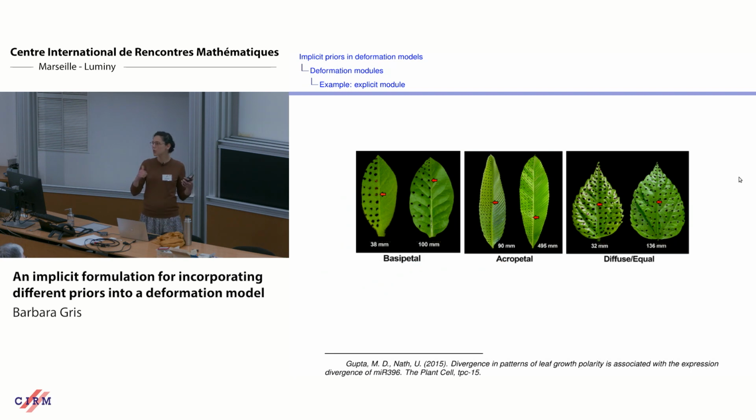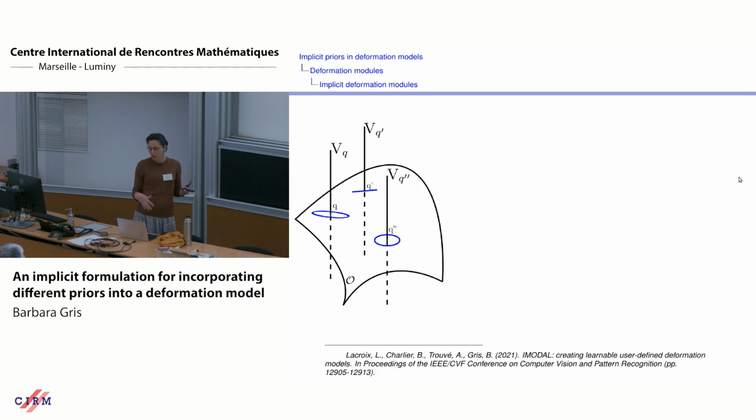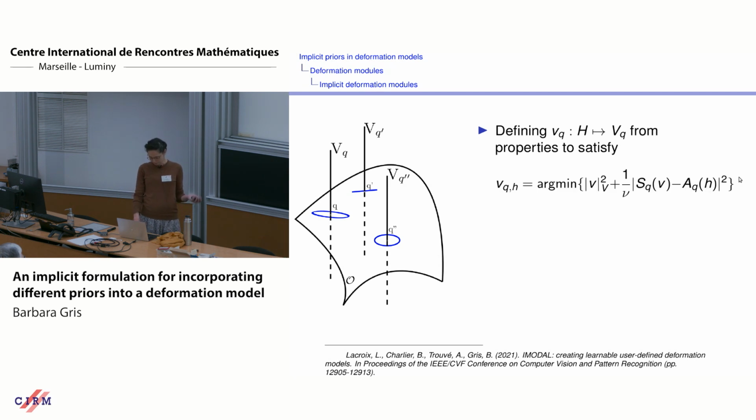However, it's not so easy to build an explicit formulation corresponding to this kind of growth pattern. This is why we defined another kind of deformation modules that we called implicit deformation modules. Here, the fibers that you put upon each shape no longer have directly an explicit formulation, but are defined from properties that they should satisfy.